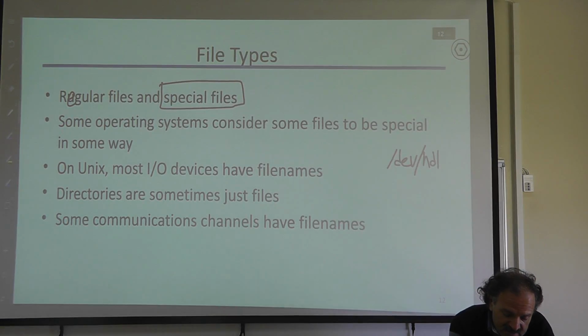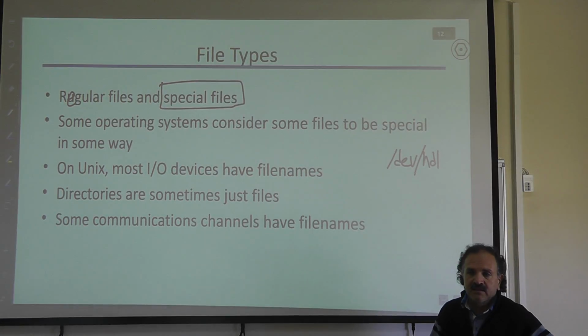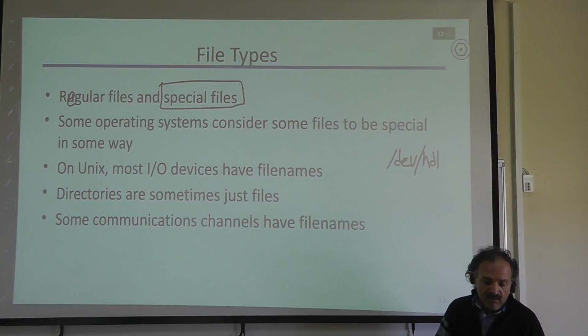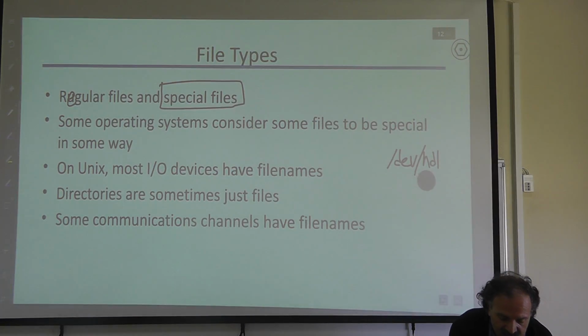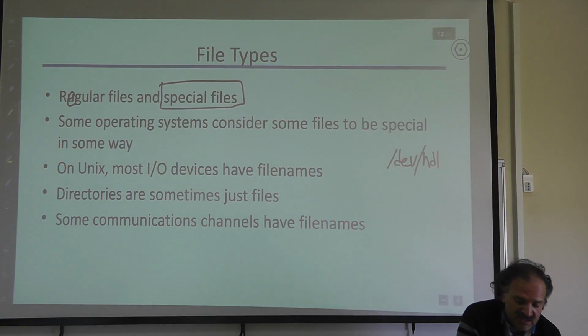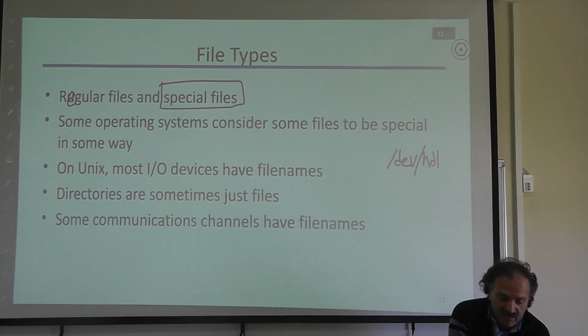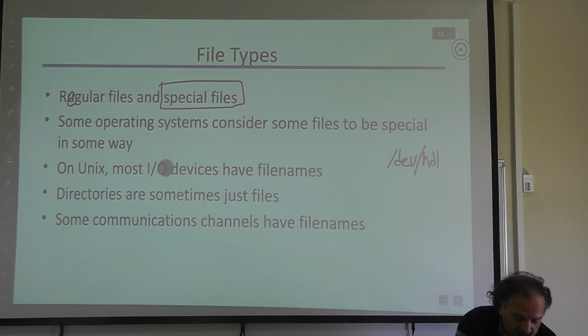Under this device directory there are many files, and each file is connected to a device. They are not regular files. Some of the devices are hard drives, some are floppy drives, some are your keyboards, your mouse, and your screen. Each of these files under this dev directory is a special file, and they have names, but they are I/O devices.